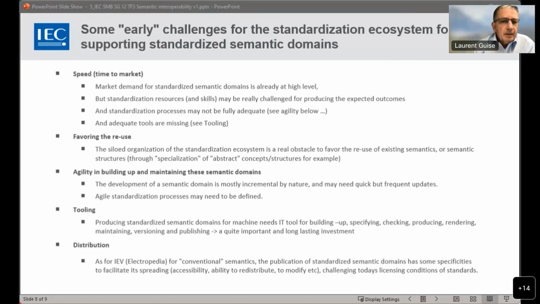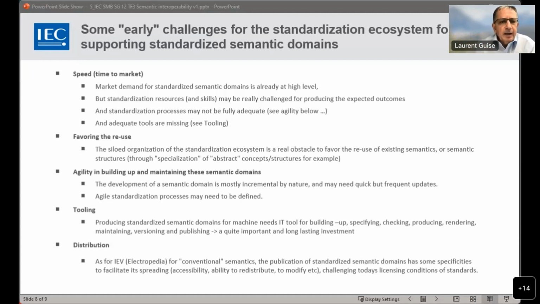Most of the management of standardized semantic domain is incremental, and this is not, I would say, the normal way of addressing standardization today, which is mostly one shot. So here we need to implement, and it starts being the reality, more agile processes to address the setting up of semantic domains.